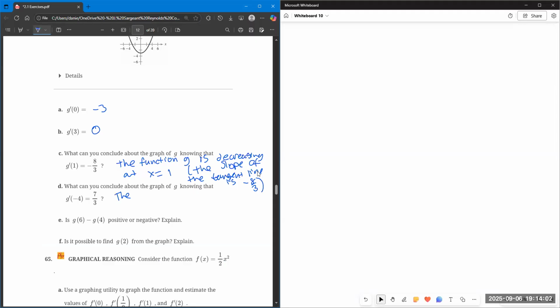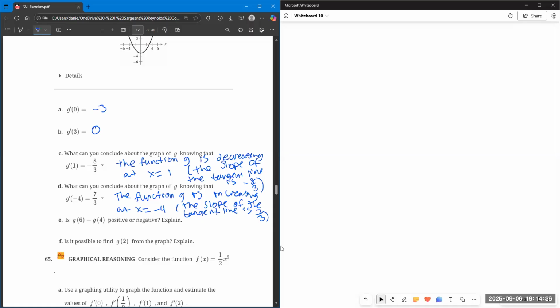Function g is increasing at x equals -4, because the slope of the tangent line when x is equal to -4 is +7/3. So we have a positive slope for our tangent line.